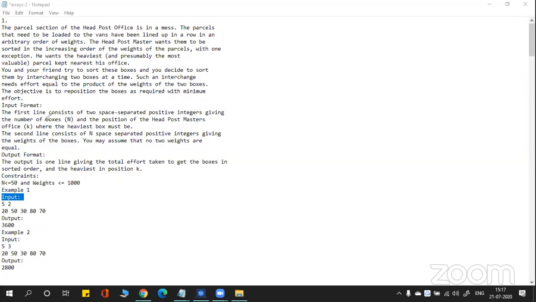The first line consists of two space separated positive integers giving n, the number of boxes, and k, the position of the head postmaster's office where the heaviest box must be. The second line consists of n space separated positive integers giving the weights of the boxes. You may assume that no two weights are equal. The output is one line giving the total effort taken to get the boxes in sorted order with the heaviest in position k.